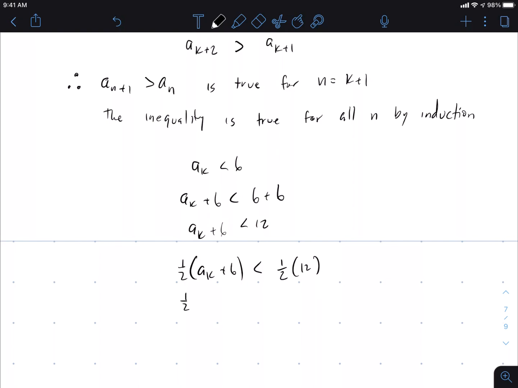And that's going to be 1/2 of a sub k plus 6, which is going to be less than 6. And remember that this left side is the next term, so that would be a sub k plus 1. That's going to be less than 6.